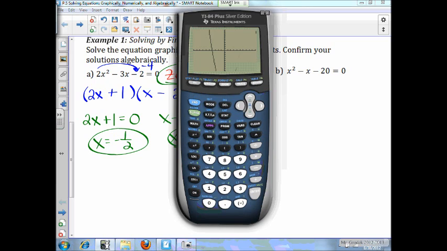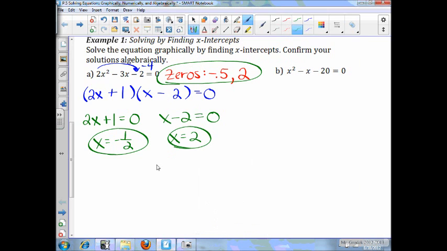Plug these in. As you can see, we have two zeros again. There's my first zero at negative 4, 0.